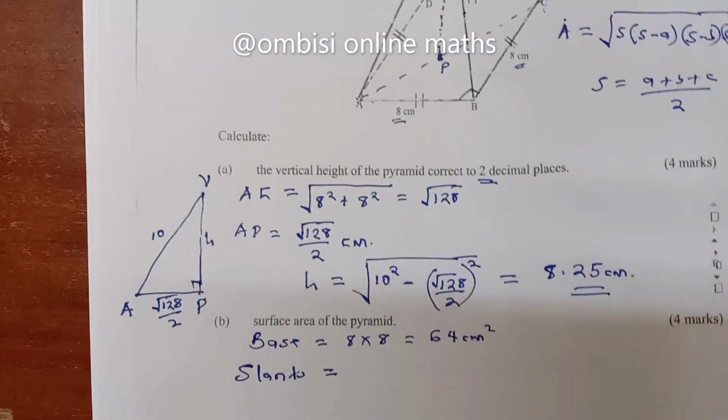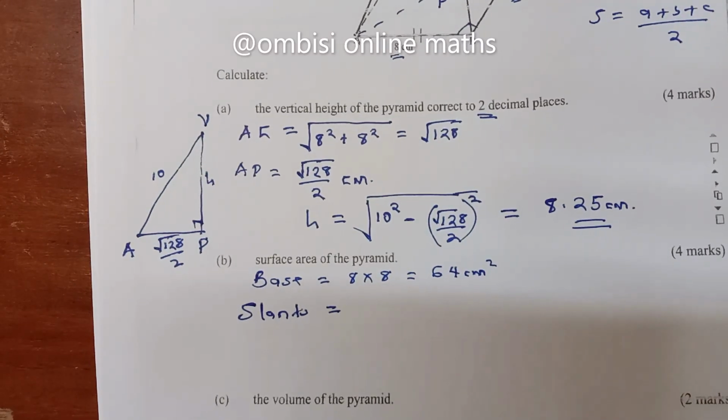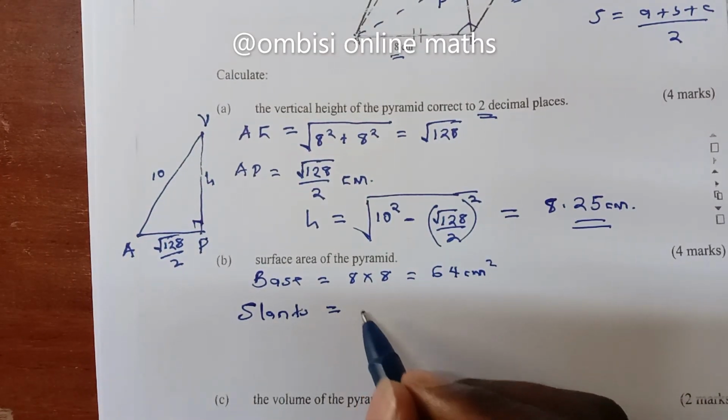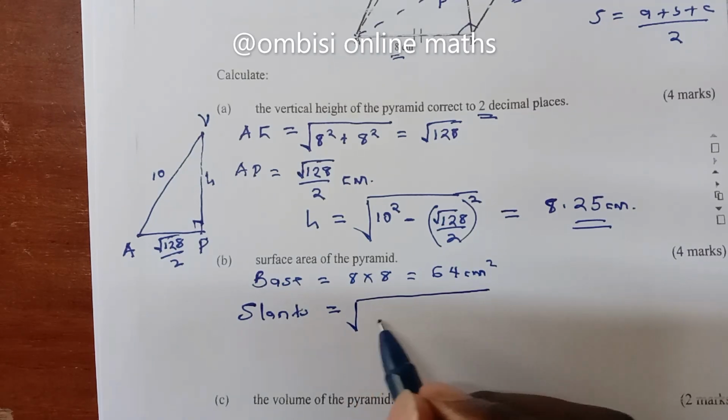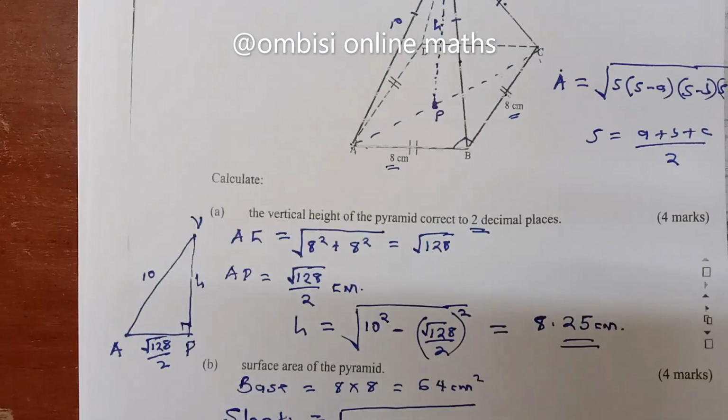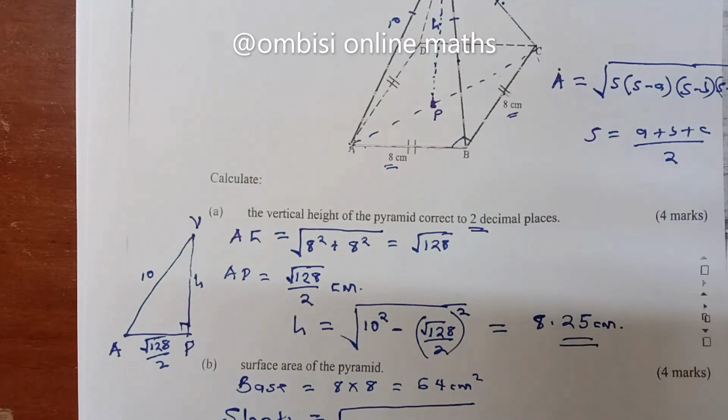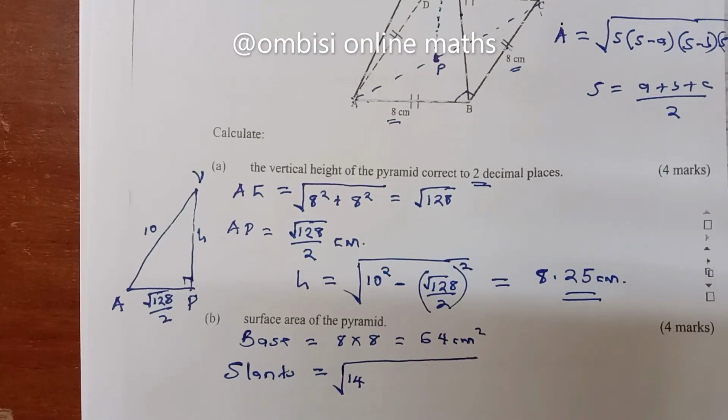Now, if we use Heron's formula to calculate the slants, it's going to be the square root of 14. That means you take 10 plus 10 plus 8, that is 28. Half of 28 is 14, into bracket 14 minus 8, 14 minus 10, 14 minus 10. The square root of this one, you find out that it is going to be 8 root 21.